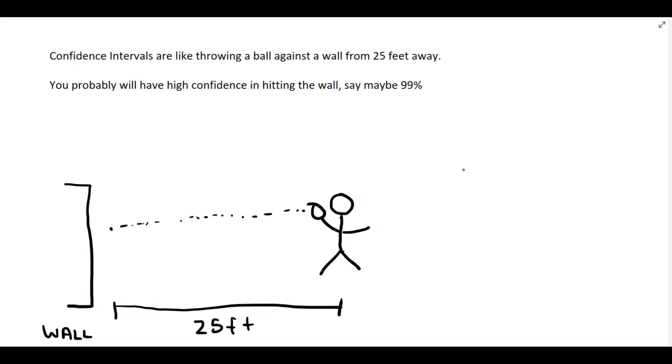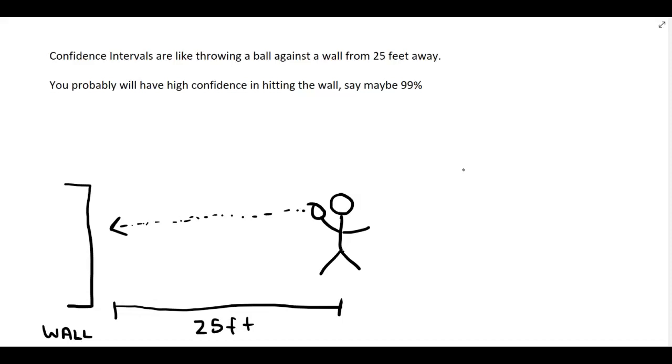And remember, all I've got to do is hit the wall. It doesn't matter if I hit it way up high or down low. So again, my confidence of doing so is about 99%.